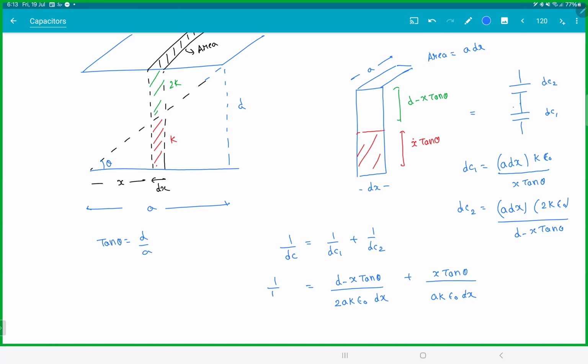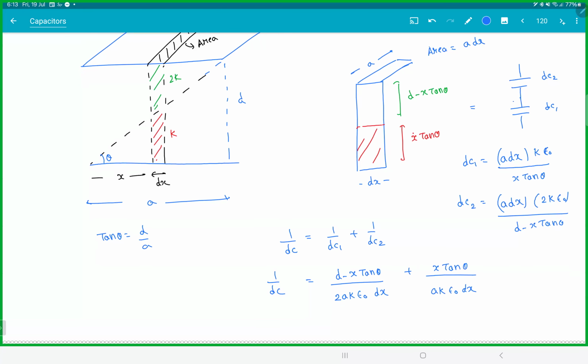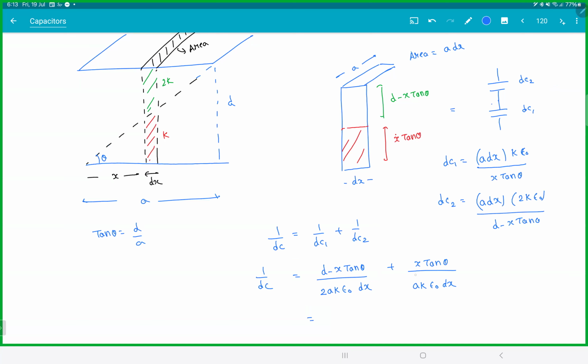This is 1 by dC. You can take out the denominator thing, and this adds up to, adding 2 there, we get d plus x tan theta by 2 a k epsilon dx.